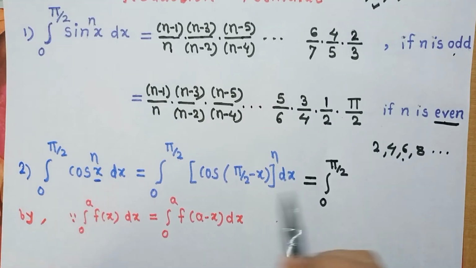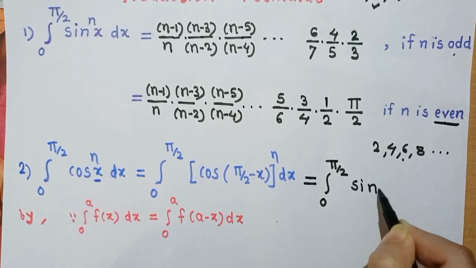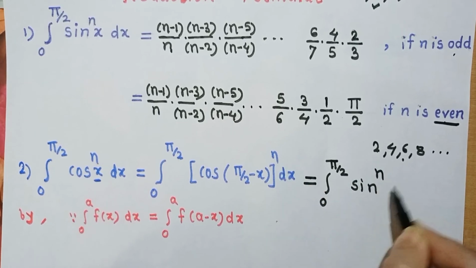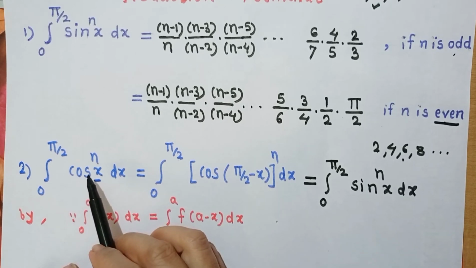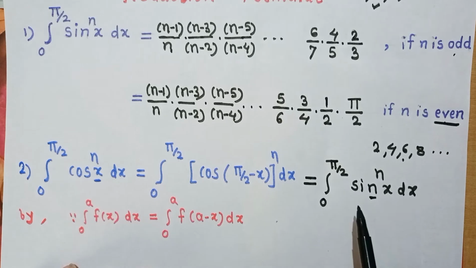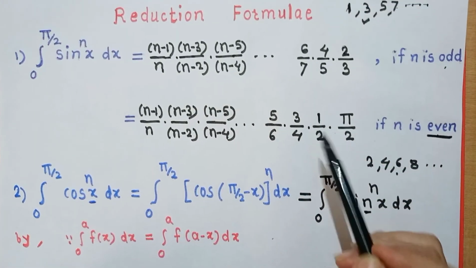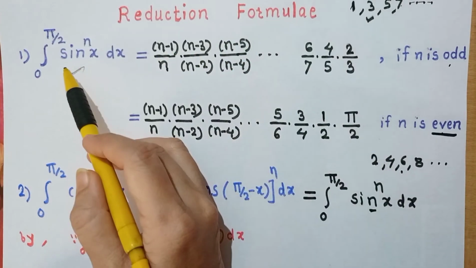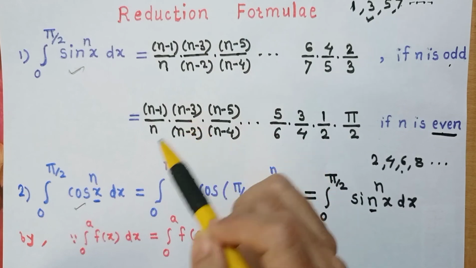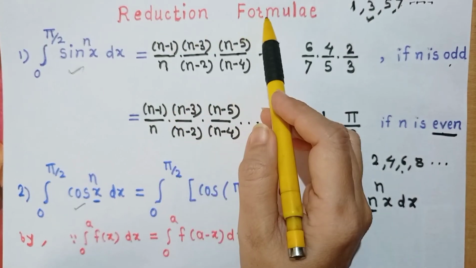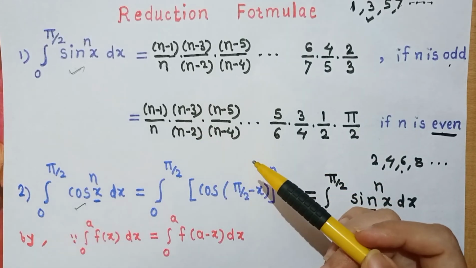And cos of 90 minus x is sine of x, so sine of x raised to n will be like this into dx. That means the formula for cos is the same as for sine x. So for cos of x raised to n we will use these same two formulae. To evaluate these types of integrals, these results are used, known as reduction formulae. We are going to use these results and solve the next examples.